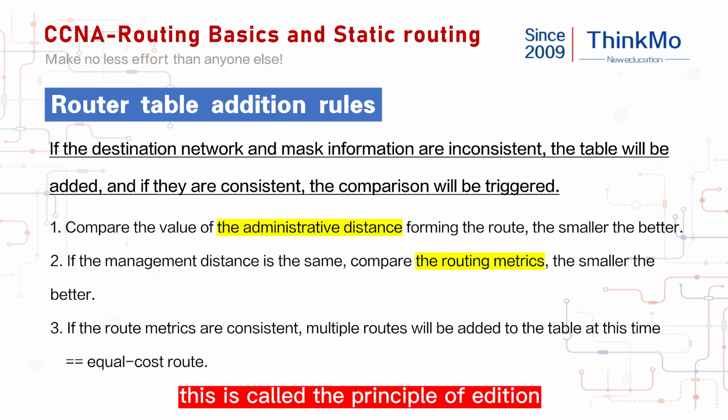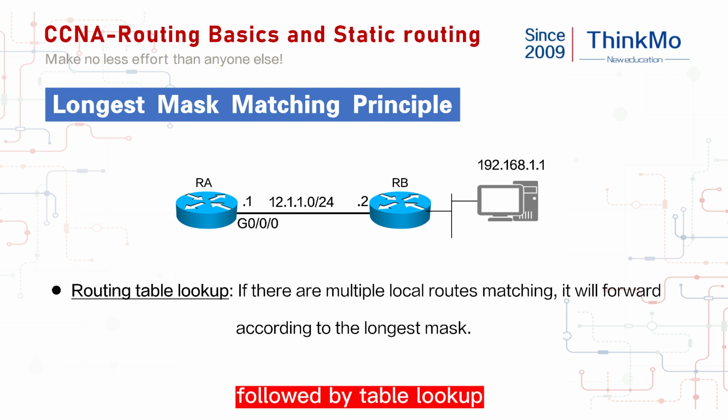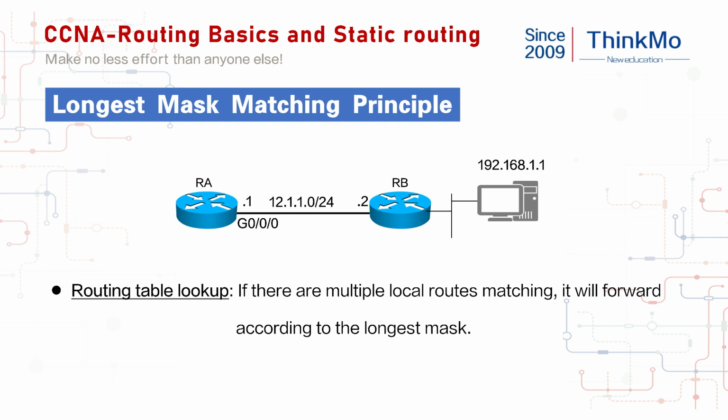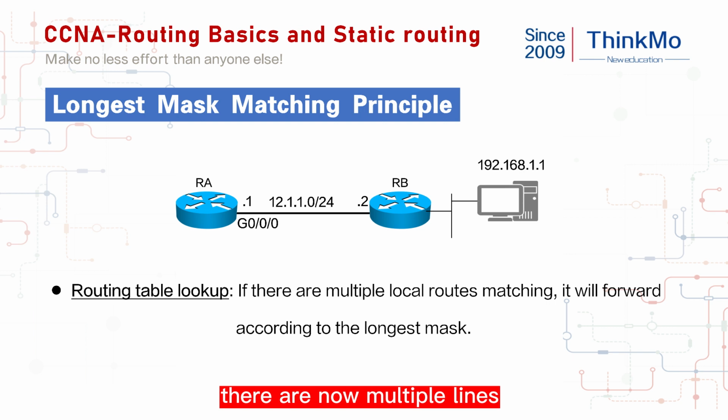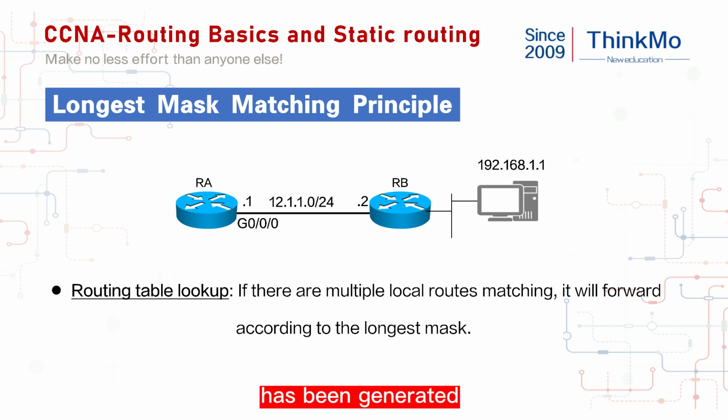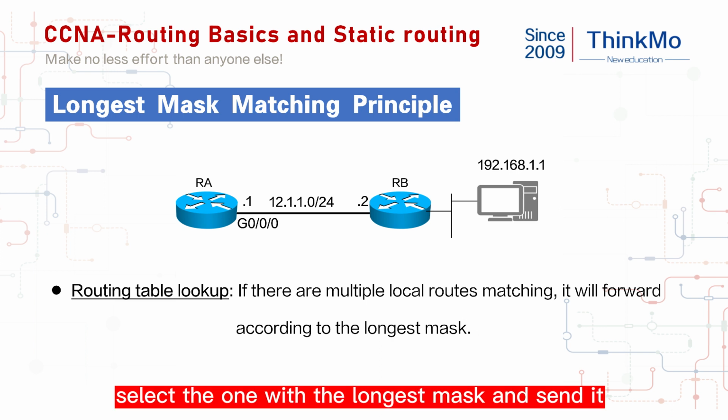This is called the principle of addition, followed by table lookup. If data arrives at a router, the function of the router is to help forward data. If there are multiple lines that can go to the destination network, the router will, based on the routing table that has been generated, select the one with the longest mask and send it.